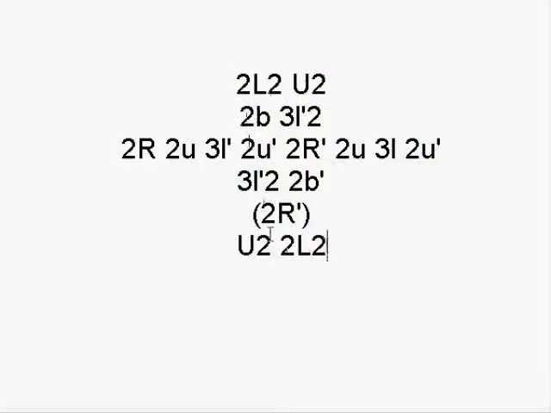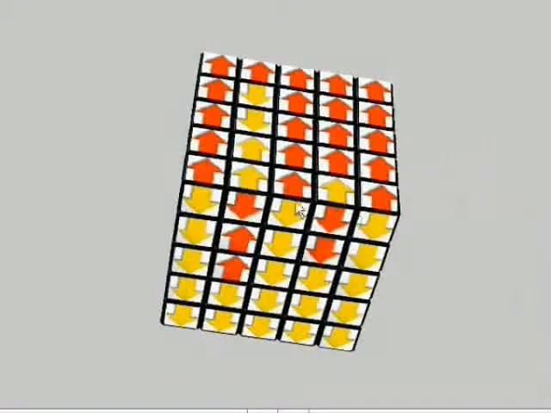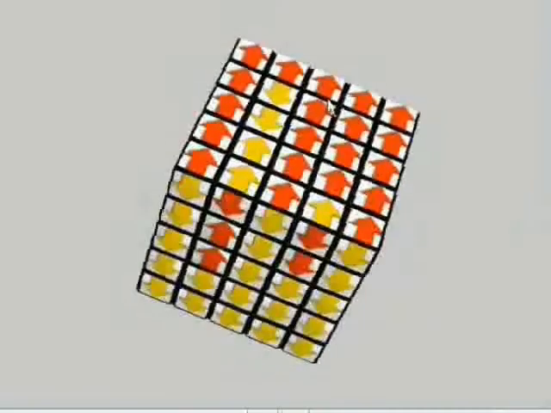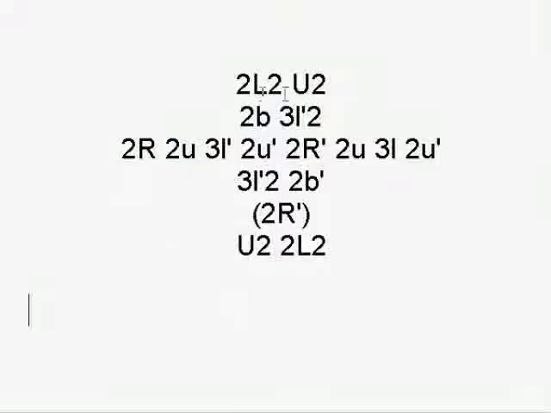Adding those setup moves here and inverting them here, we apply it to the cube. Look at what we have. We have 2 edges swapped and only just a tiny bit of centers that are not solved. So anyway, this is cool. For convenience, how about instead of doing 2L2 U2, instead let's just do D2.